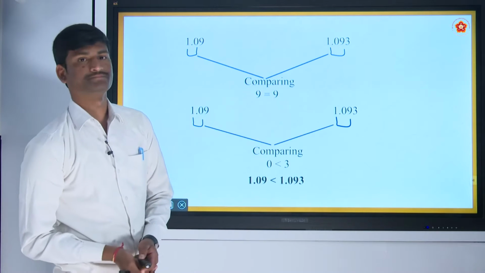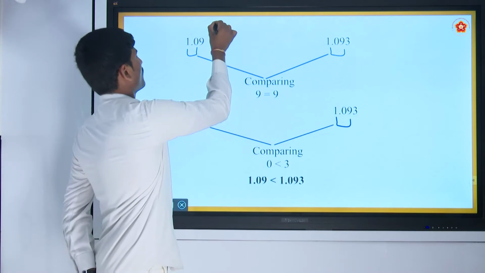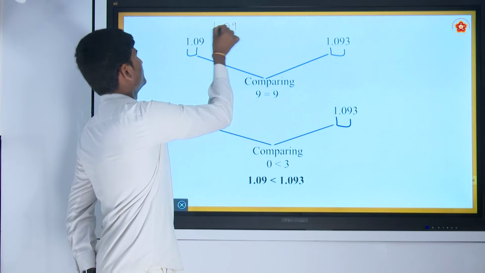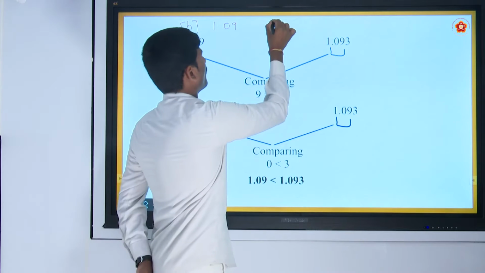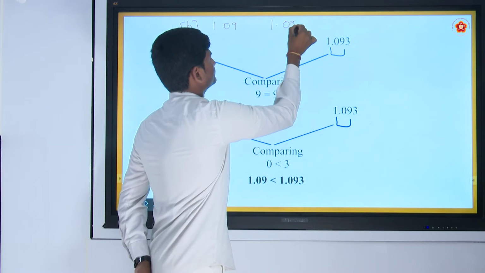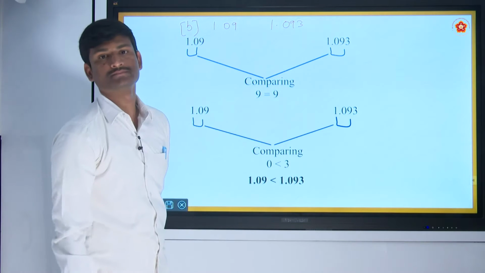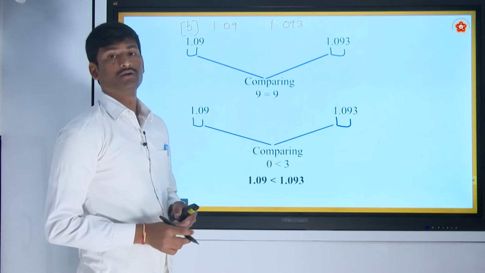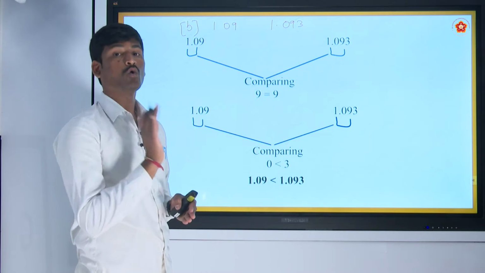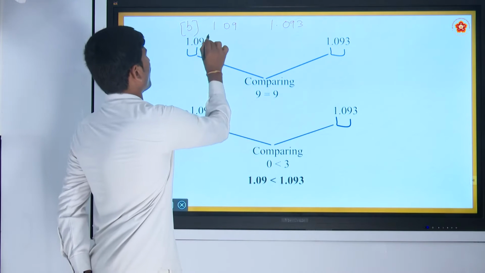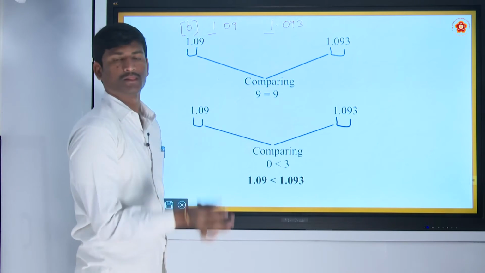Then the second question, which one is greater, 1.09 or 1.093? In this comparison, first we compare the whole number part. Here 1 and 1, both are the same.